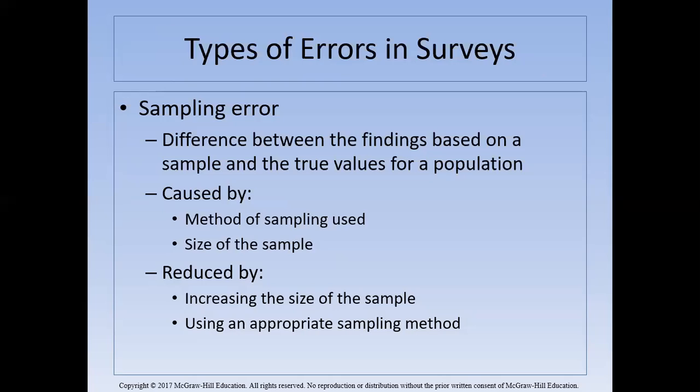There is also sampling error. It's the difference between the finding based on the sample and the true value of the population.